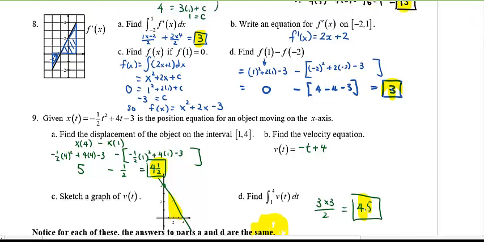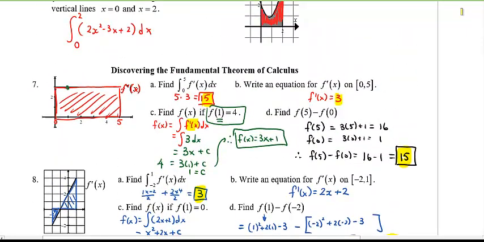Let's go back to number 7. In part A, I asked you to find the definite integral of some derivative function. And in part D, I said take the actual original of that function, or the antiderivative, and then plug in 5 and 0, plug in the limits.